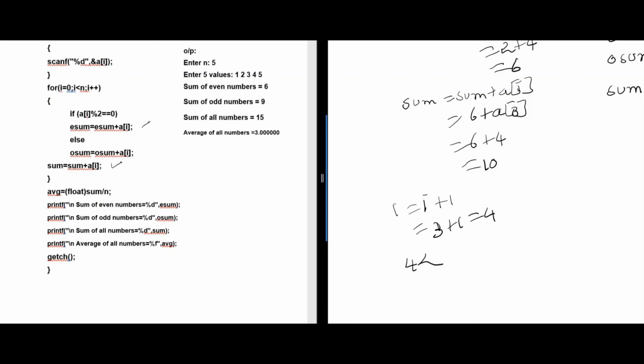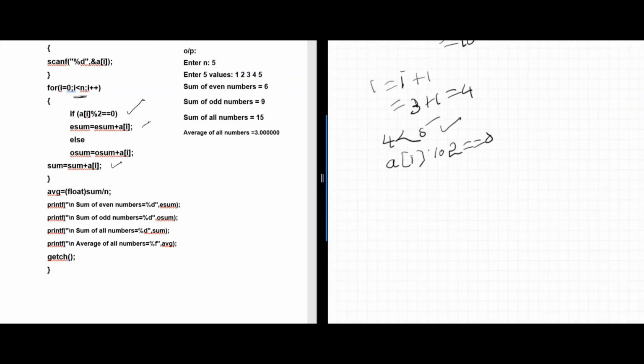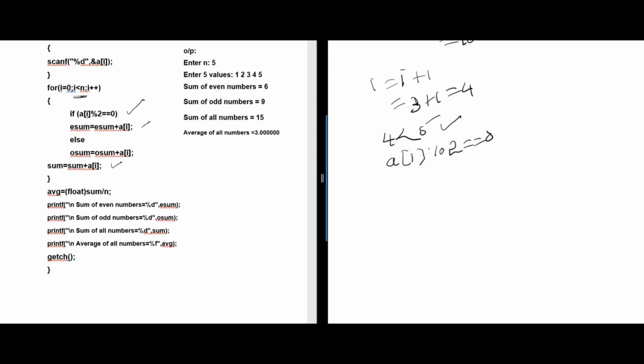So 4 is being checked. Is 4 less than n? Yes. Enter the loop. Then check whether A of I modulo 2 is equal to 0. Now A of I is A of 4.